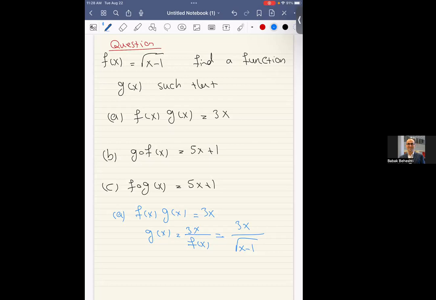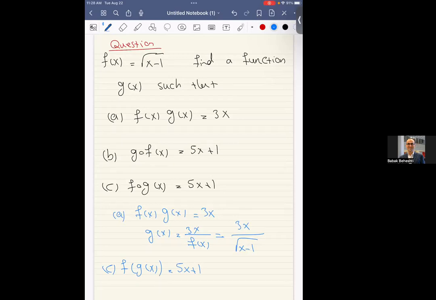Let me do C first. You want to find the g of x such that f of g is 5x plus 1. So f of g of x is 5x plus 1, right? But what is f of g of x?